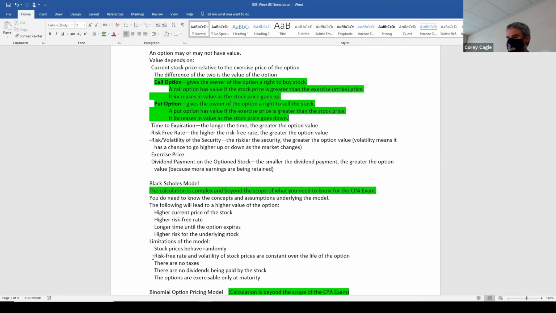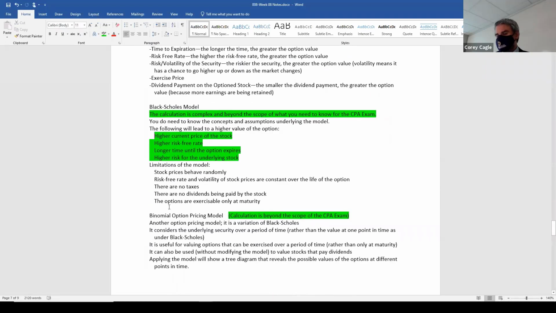And rates can change, and volatility, you know, betas can change. We don't consider taxes in there. We can't really deal with dividends in there. And the options are only exercisable at maturity as part of the model. That's the way it's designed. So there's some limitations to it. But really, this is the good information for this.